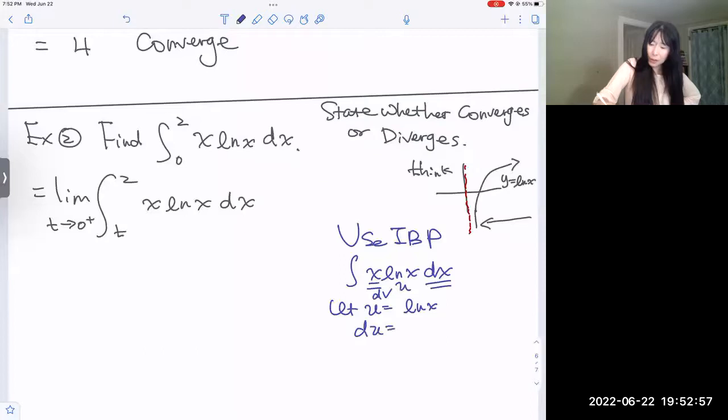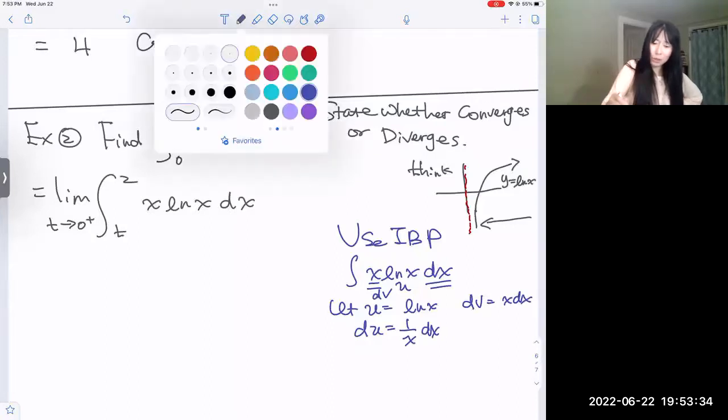All right. What's the derivative of ln x? I know you know. Just 1 divided by x. Excellent. So du is 1 over x dx, and we have dv, which is x dx.